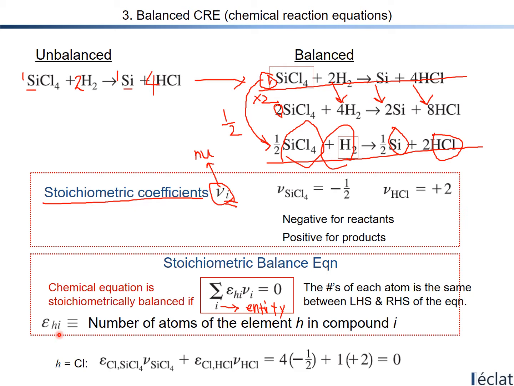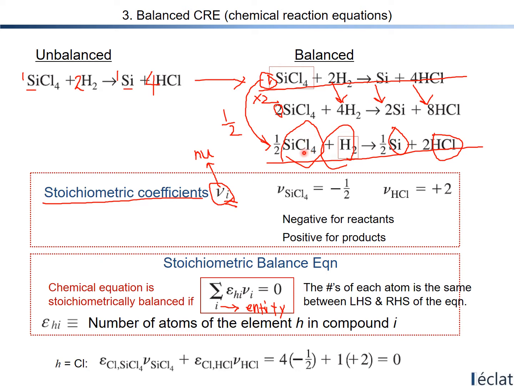So let me get one example. If H is equal to chlorine in these chemical reaction equations, then we could have this kind of stoichiometric balance equation. So what is that? Epsilon chlorine with silicon tetrachloride means the number of chlorine in tetrachlorosilicon.